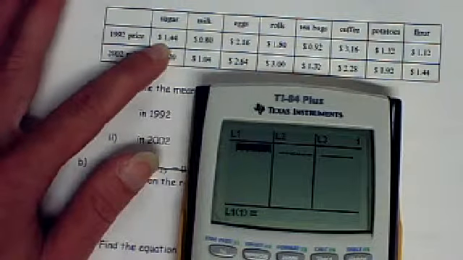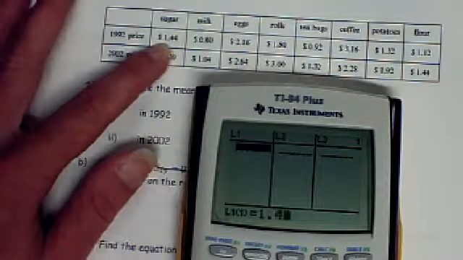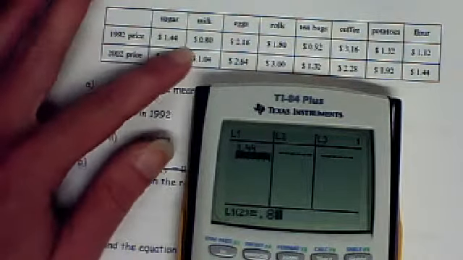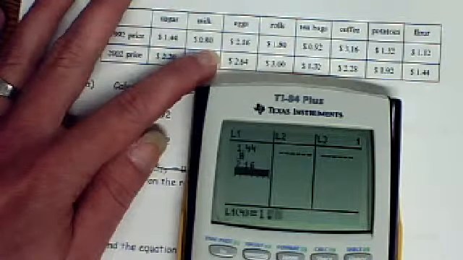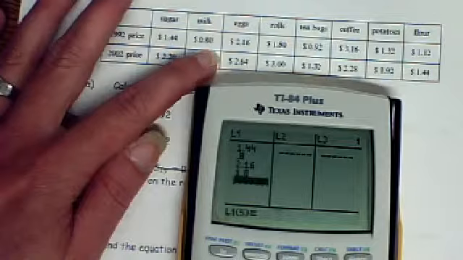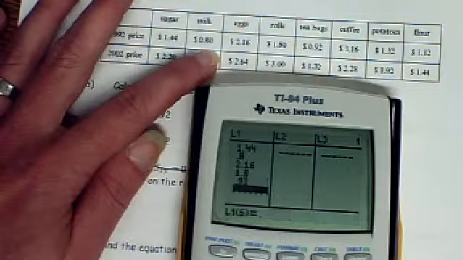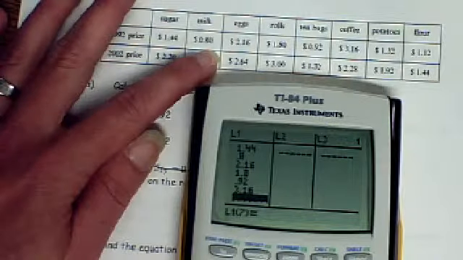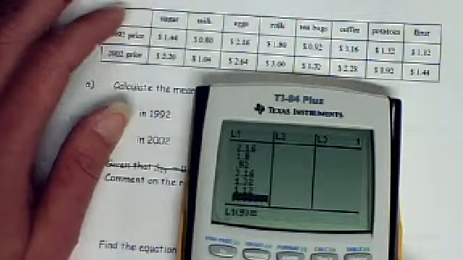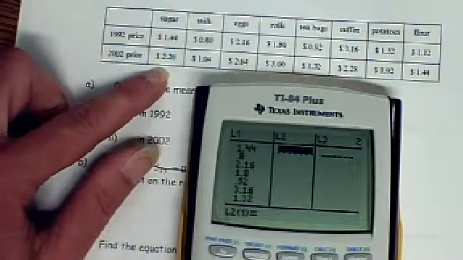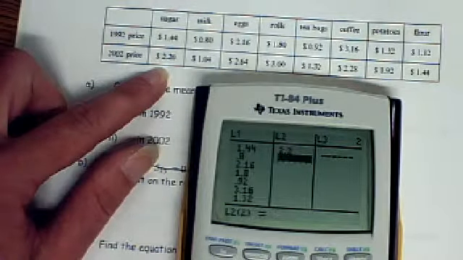So we're going to type in the 1992 prices into our X. And the 2002 prices into the Y values.